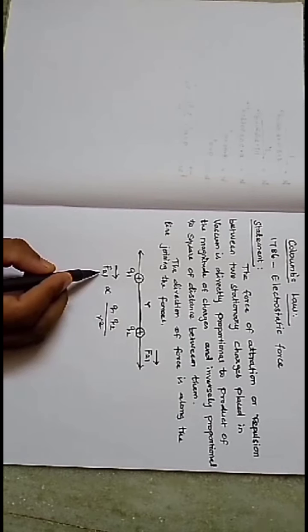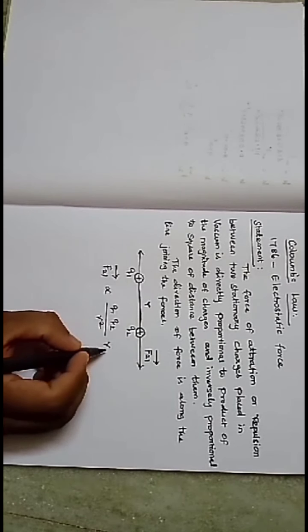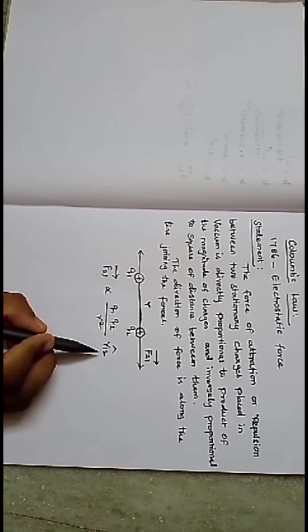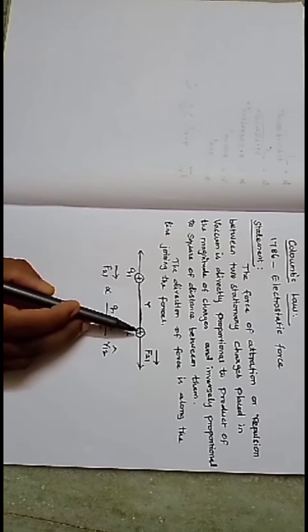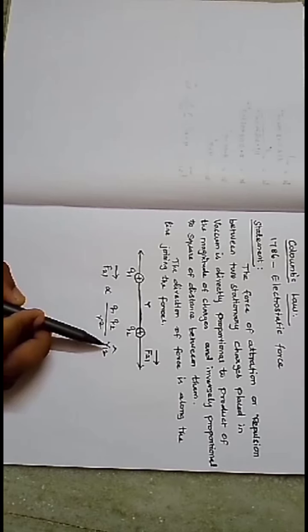So we can write F vector is directly proportional to q1 q2 by r square. Here we also want to give the direction, which is along the line joining the charges. Along the line joining means we can write R12 cap. R12 cap is a unit vector directed from the first charge to the second charge.